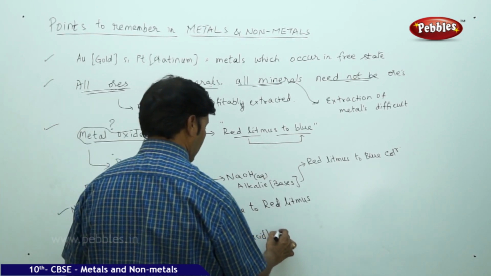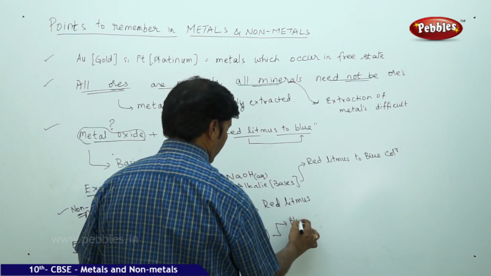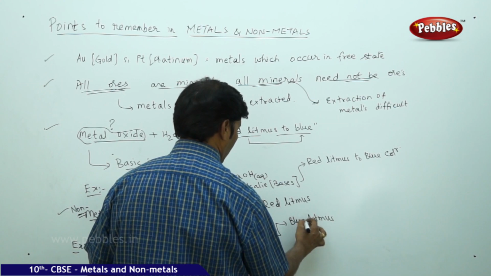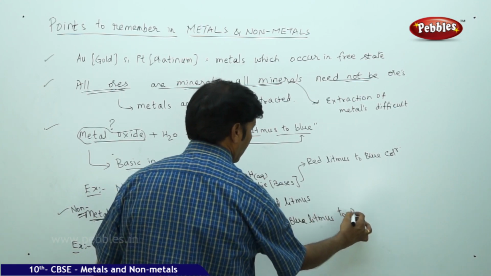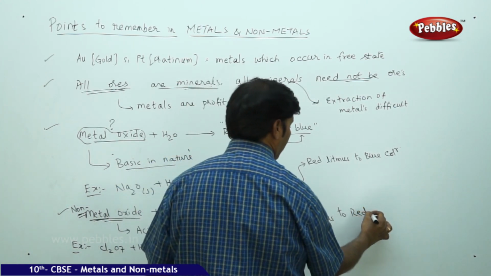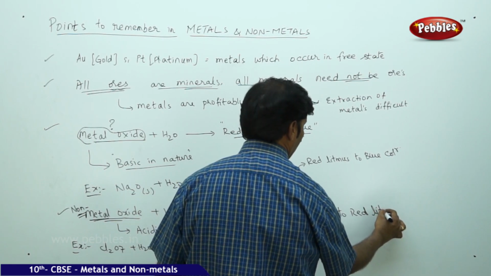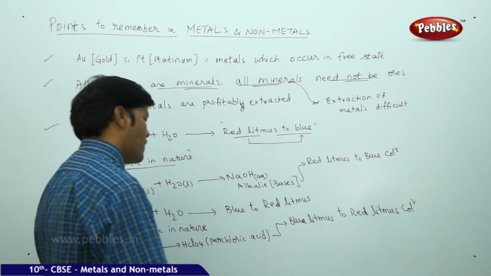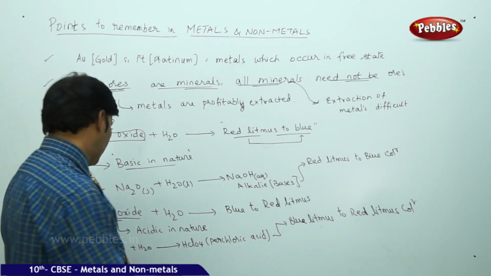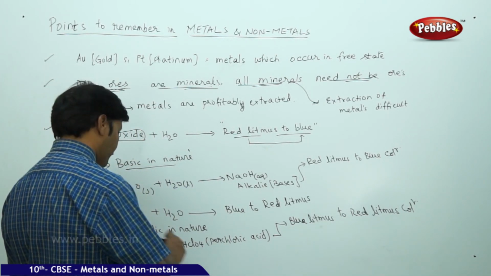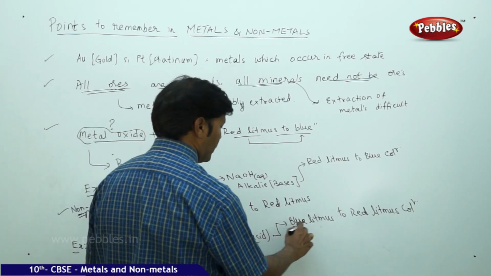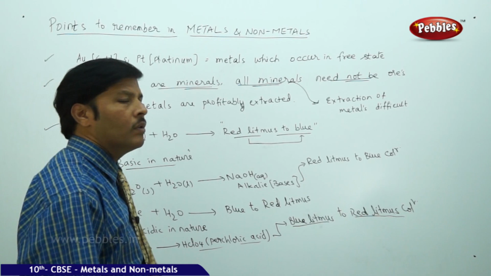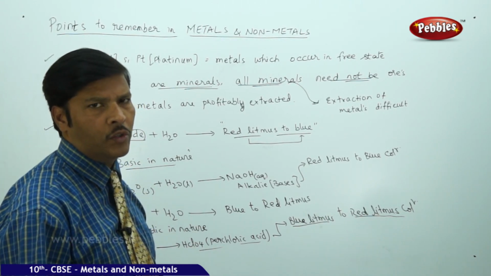It changes the blue litmus to red litmus color. Perchloric acid changes the blue litmus color solution to red litmus color solution.